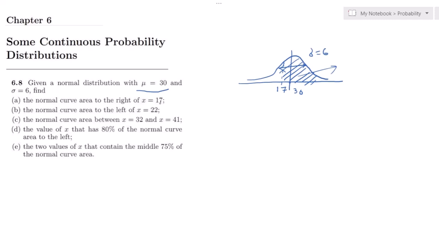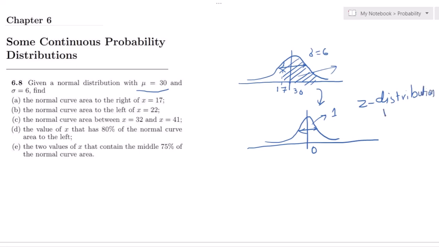The easiest way is to first convert it into the standard normal distribution, in which the mean would be 0 and the standard deviation will become 1, and then find the area by using the probability distribution table, which is called the z distribution table. We know about it, and finding it out is very easy because this is the z domain.